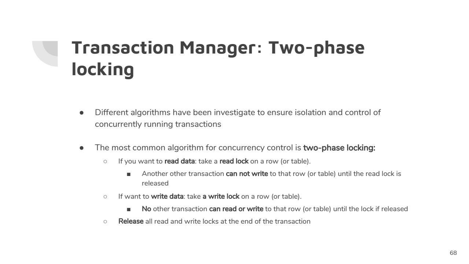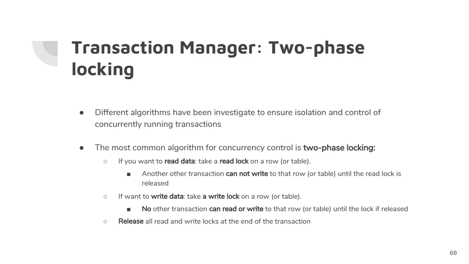The algorithm for doing that is called two-phase locking. If you want to read data, you take a read lock, and if you have to write data, you have a write lock. If you have a read lock, other people can also read the same values, but they cannot change those values. The reason why you allow that is you want to maximize concurrent working.